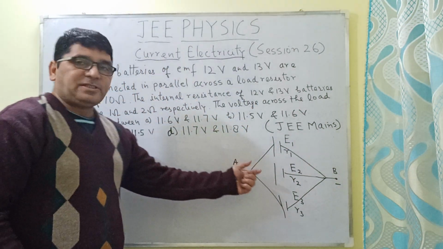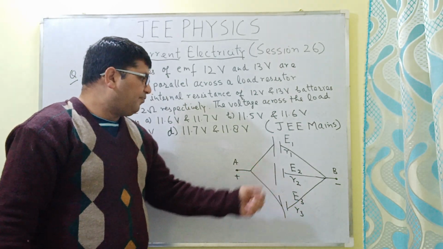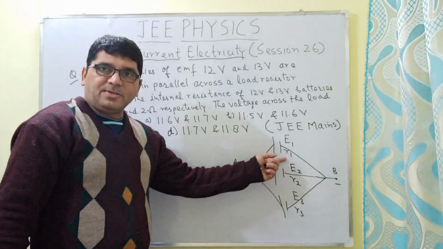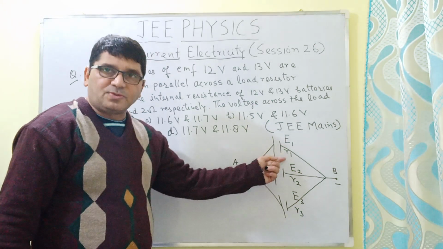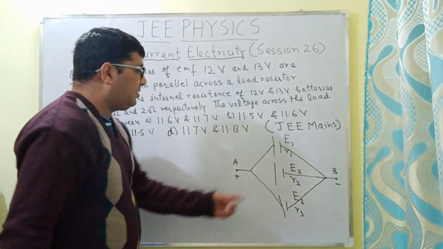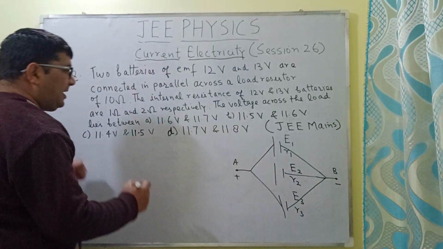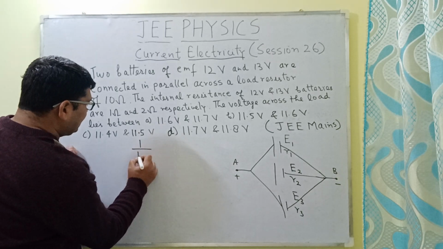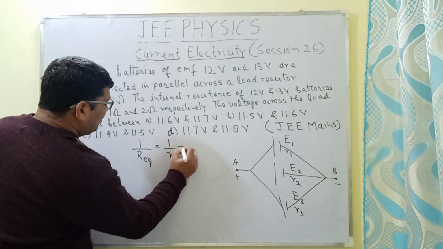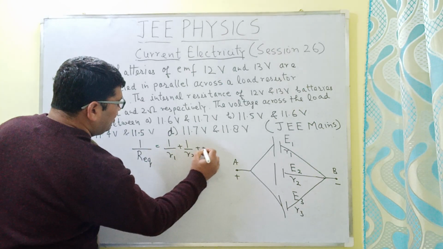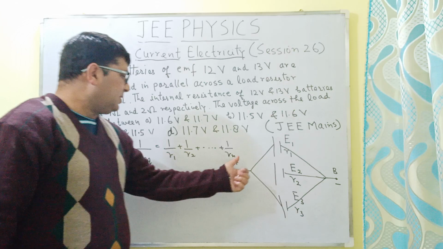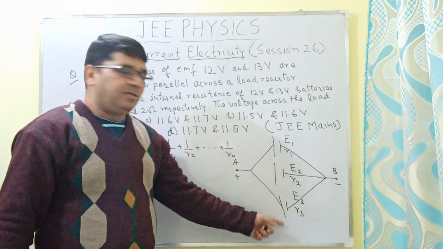So as per the concept of parallel grouping, whenever batteries or these EMF sources which also have internal resistance are connected in parallel, then in that case the equivalent resistance, let us say Req, is given by 1 by R1 plus 1 by R2 and so on plus 1 by Rn, where n denotes the number of cells connected in parallel.